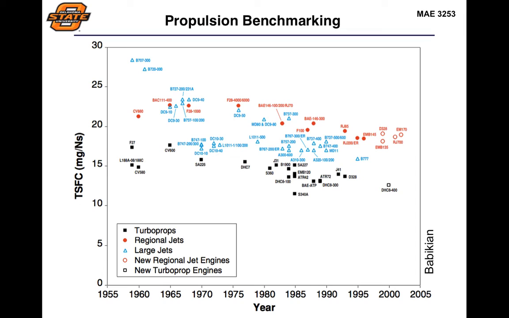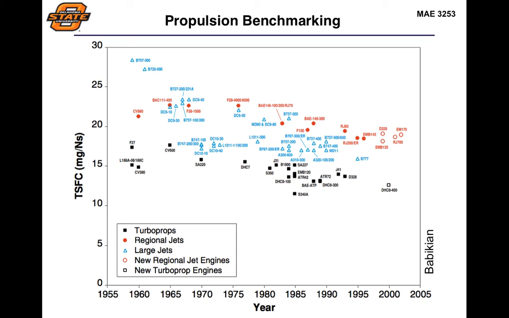Now, what you'll notice in this is, wow, your regional jets are quite a bit more inefficient. They're using more fuel per pound of thrust that they're generating than the larger jets do, but the turboprops actually blow them out of the water, right? So you end up having a much better fuel efficiency down here than you do up here. So that's one trend that you notice.